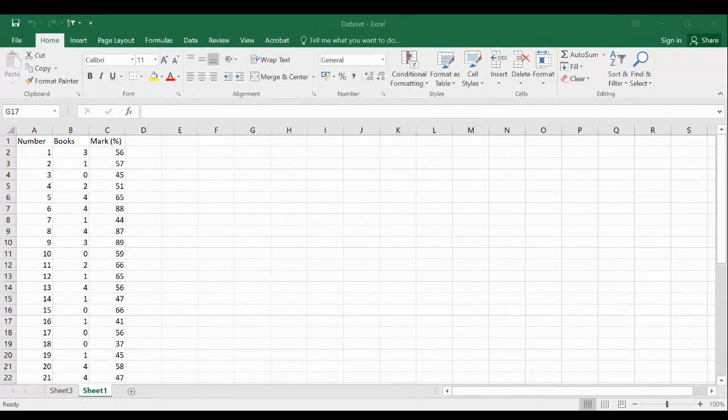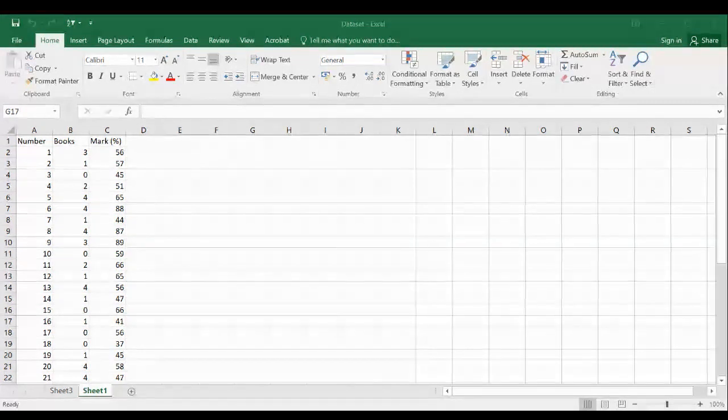Then student 2 used 1 book but obtained 57. So that is what is happening on that data set. We have someone who did not use a book, depended on the notes that I'm providing, and that one person got 45, and so forth.